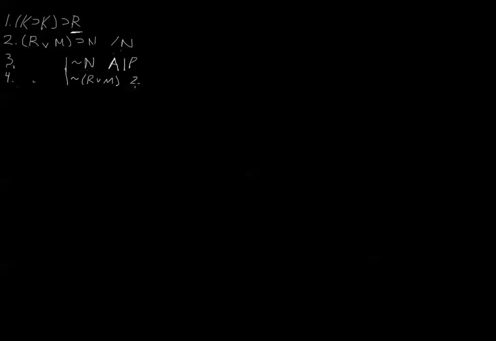And that is from 2, 3 modus tollens. Okay. And you can keep doing that, building the assumption, and so long as you are sitting within the realm of assumptions, you can keep going. So now we can do De Morgan's. We can say not R and not M. And that's from 4 De Morgan's. Pretty cool, huh? All right.